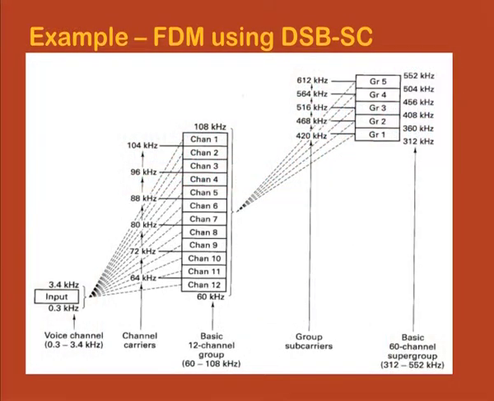And here we can see one example of the kind of FDM which is being used in analog telephone line channels, where the voice channel which occupies a spectrum of 0.3 to 3.4 kilohertz can be grouped together, and we use 6 such voice channels and transmit them using FDM on 6 subcarriers: 64 kilohertz, 72 kilohertz, 80 kilohertz, 88 kilohertz, 96 kilohertz and 104 kilohertz.